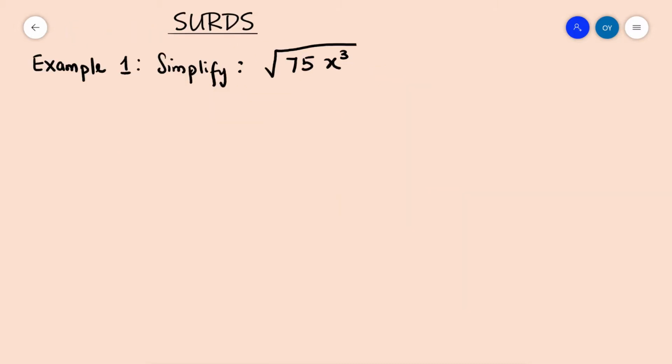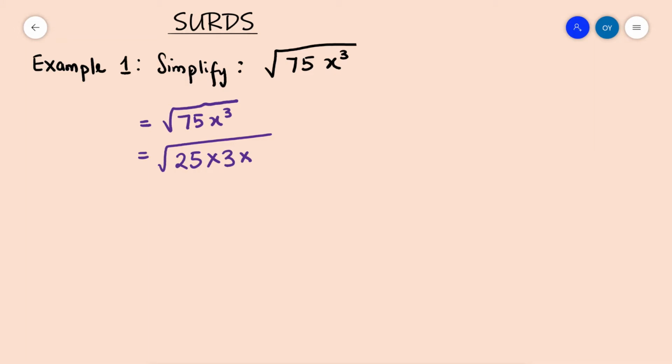Let's work out a few examples here. Question number 1, simplify the square root of 75 x cubed. So here we write the square root of 75x cubed as the square root of 25 times 3, because 25 times 3 is 75, and the greatest perfect square there is 25.